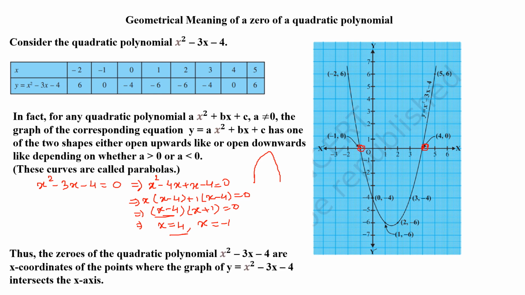So the zeros of the quadratic polynomial are the x coordinate of the point where the graph intersects the x-axis. Same thing we have seen in the linear polynomial also. There also we have seen the zero was the point on the x coordinate where the graph intersects the x-axis. Here also it is the same thing. Here in this case there are two zeros of the polynomial. Clear?